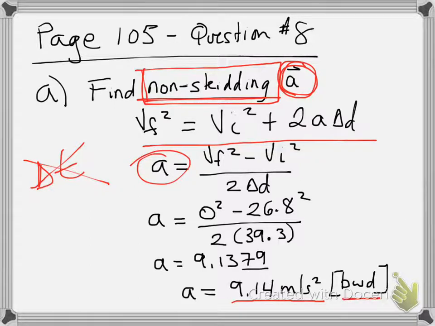The textbook doesn't indicate this, but you should indicate that any acceleration has a direction. So it is a backwards acceleration or a negative acceleration. So that's the non-skidding braking of the Camaro in the question.